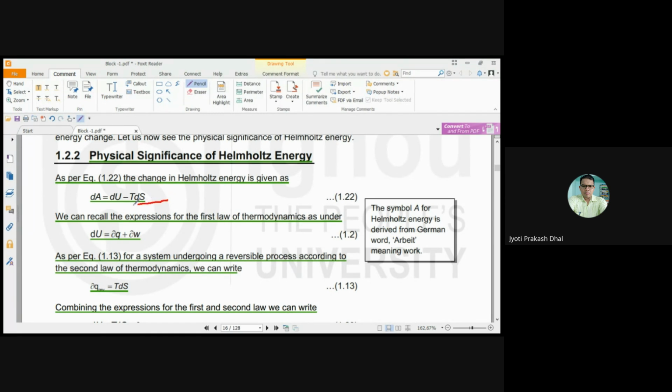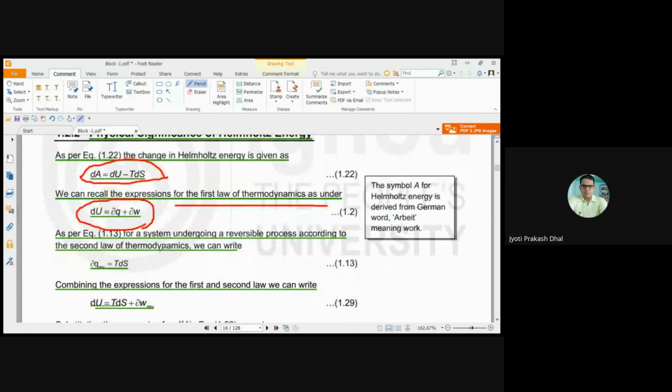According to equation 1.22 that we have already studied, dA equals dU minus T dS. And again, if you remember the first law of thermodynamics, dU equals del q plus del w. And from equation 1.13, for a system undergoing a reversible process according to the second law of thermodynamics, we know that del q reversible equals T dS.